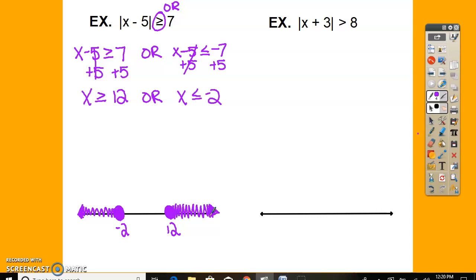Next up, we have the absolute value of x plus 3 is greater than 8. So I'm going to put all the work up here for it, and then you can just go through and follow the steps. But it's exactly the same setup as the first one. So I'm not going to talk through it. I'm just going to put the work there, and then you can check it.